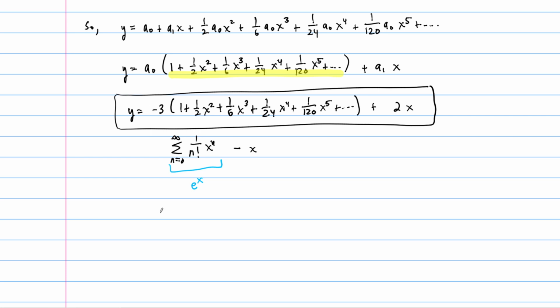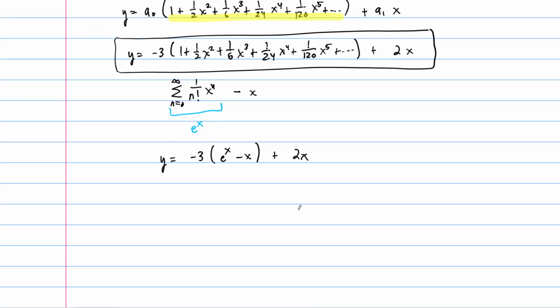So actually this solution can be written as y equals -3 times (e to the x minus x), because it's this whole series, take away that term, right? Plus 2x. And then we can rearrange this, right? So that y is then going to be -3 e to the x plus 3x plus 2x, so plus 5x.